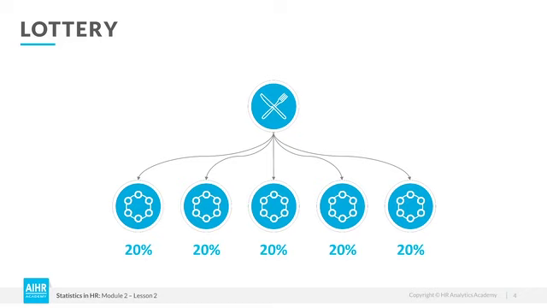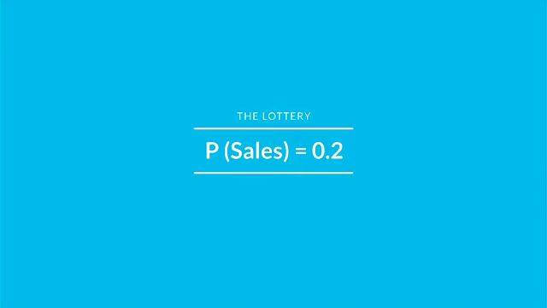So let's say you're in the sales department and you want to know what the chances are of you winning a free lunch. You can calculate this by dividing 100%, as one of the departments will receive a free lunch, by 5, as there are 5 departments, which is a 20% chance that you will win. In terms of statistics, we write this down as follows. P(sales) equals 0.2.